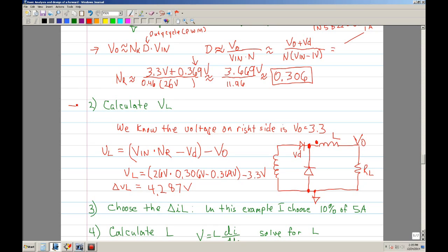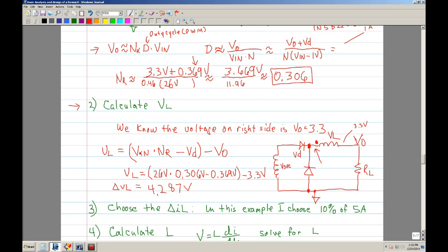Now the second step is you want to calculate the voltage across VL. When I'm talking about VL, I'm talking about the output inductor. We know that this node is V out, and that's going to be 3.3 volts. Now we have to calculate what is the voltage at that node. We know what the voltage is going to be at the secondary.